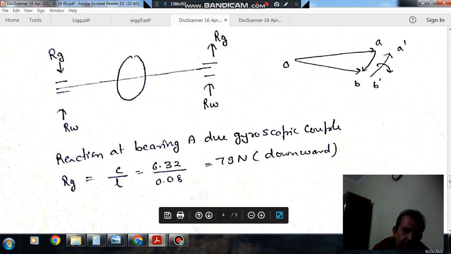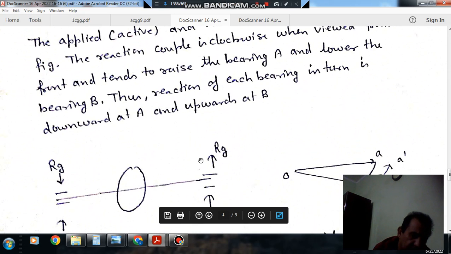So it means due to gyroscopic couple, we have found out that the gyroscopic couple is acting in clockwise direction. So that gyroscopic couple will act on the shaft. It will try to bring that part down and that part up. So when it touches the bearing, the reaction will be provided by bearing, that will be in upward direction.